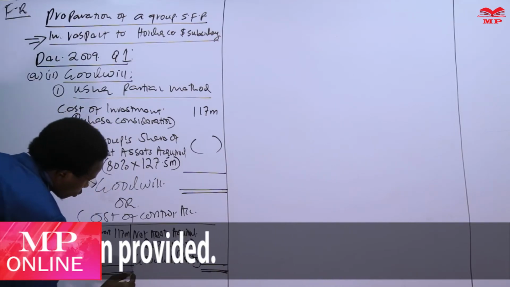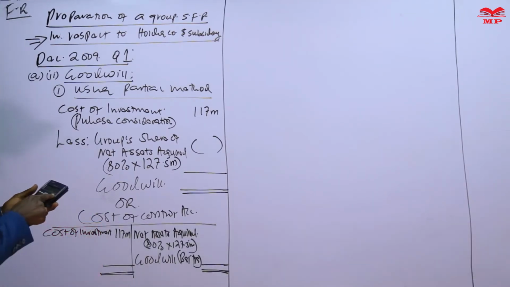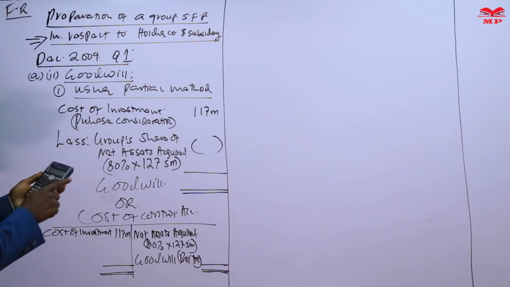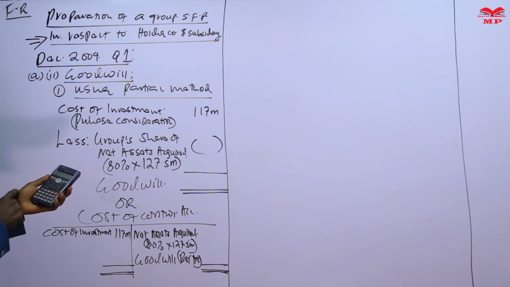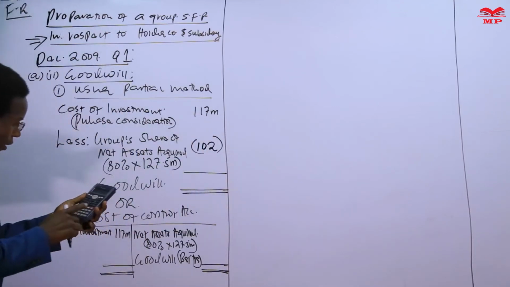I get my calculator: 80% of 127.5 gives 102.